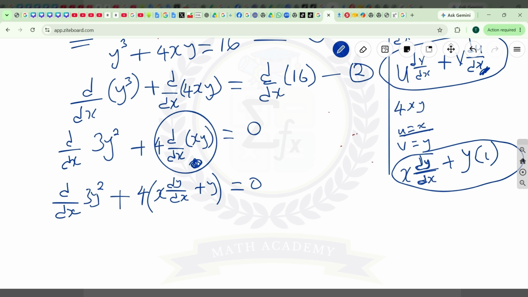So this is 3y squared dy/dx plus 4 times x dy/dx, which is 4x dy/dx, plus 4 times y, which is 4y, is equal to 0.